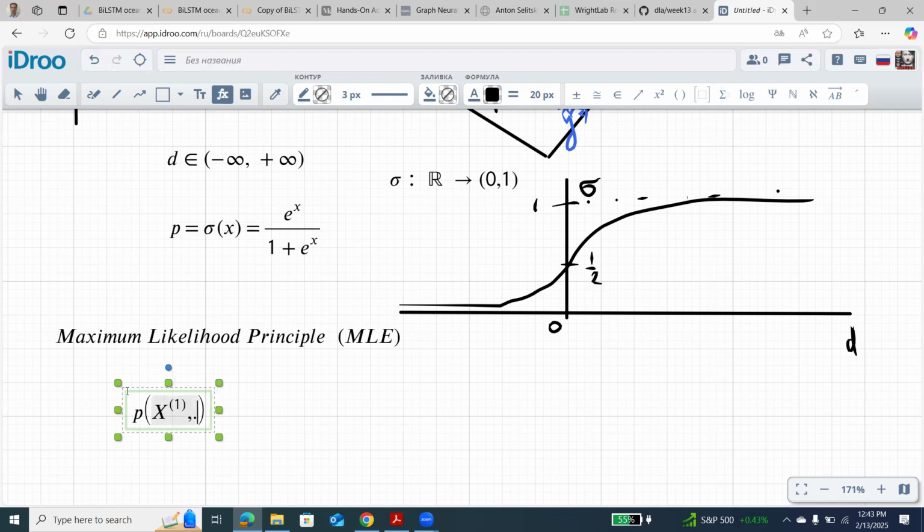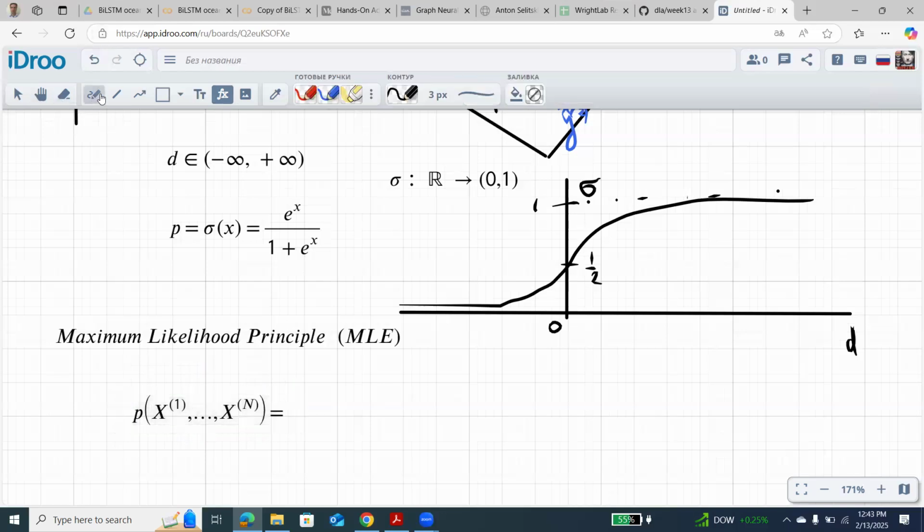So assume that we have some points, and these points were sampled from random variable X_i, and it has some target, Y_i.